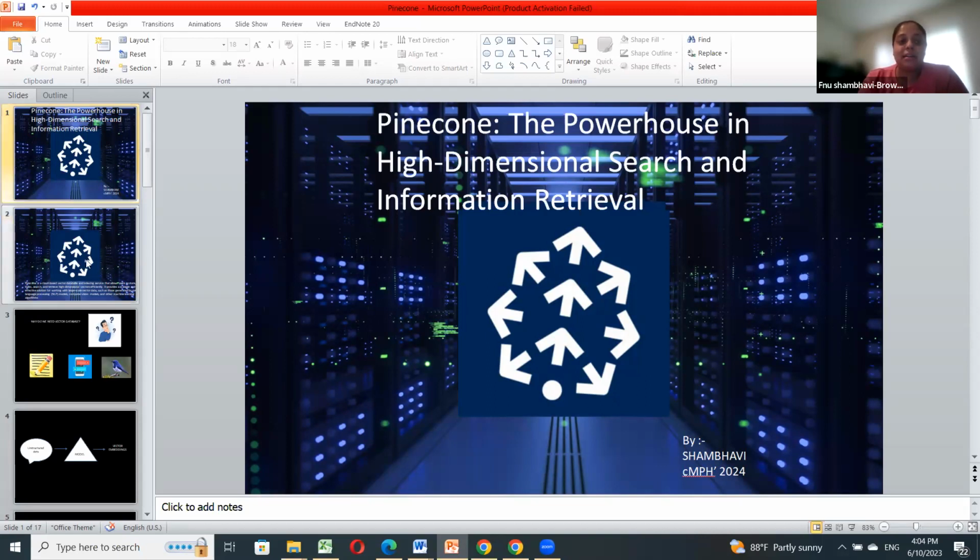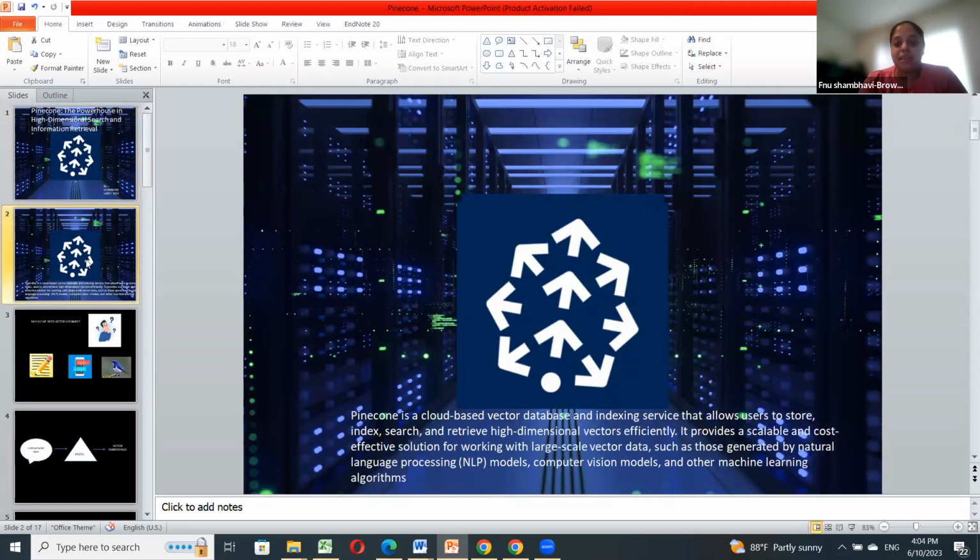It's a vector database, used for indexing and storing your high-dimensional data in the form of vectors. The benefit of storing your data in vectors is that we can perform the operations we usually perform with vectors.